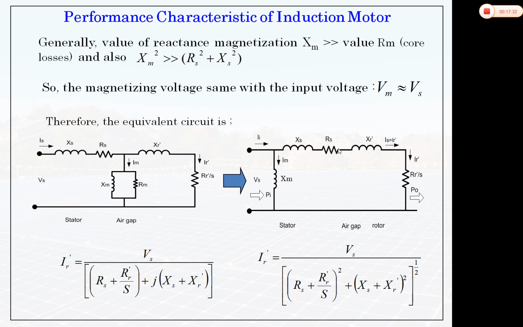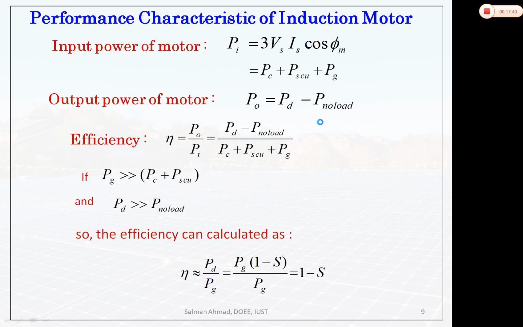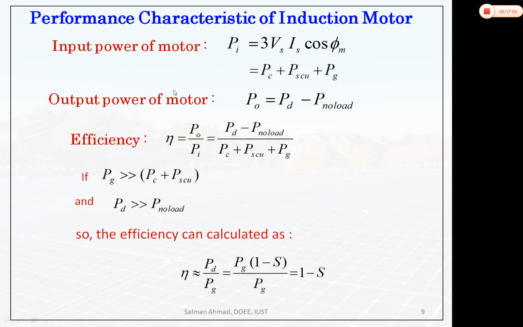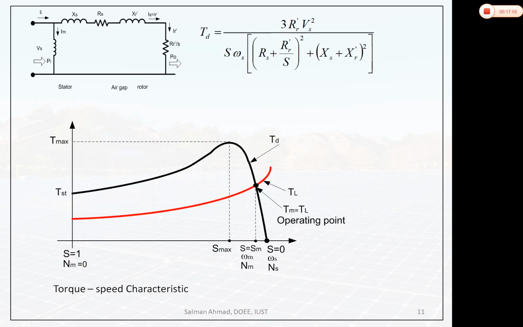These are in series, so we can find the rotor current. As in the previous expressions, you can see that rotor current appears everywhere. Other parameters like reactances and resistances we can find with the help of certain tests, like the blocked rotor test, open circuit test and short circuit test that you perform in the labs.